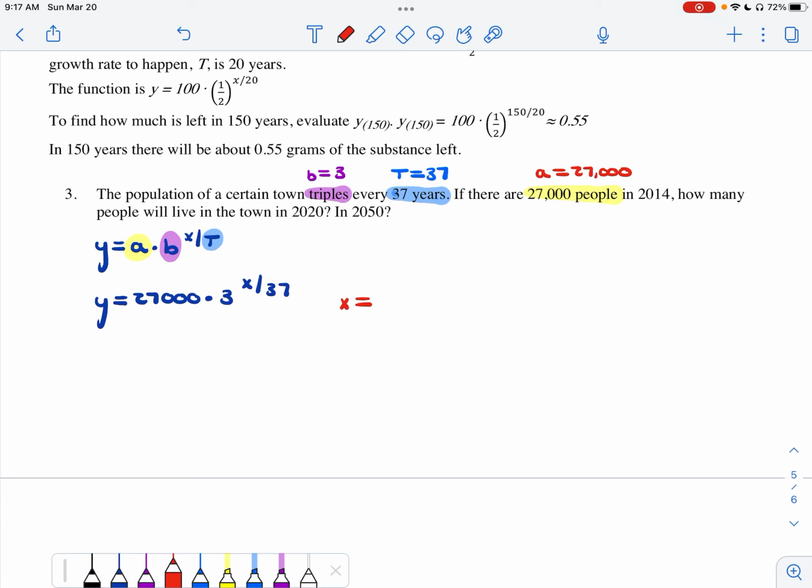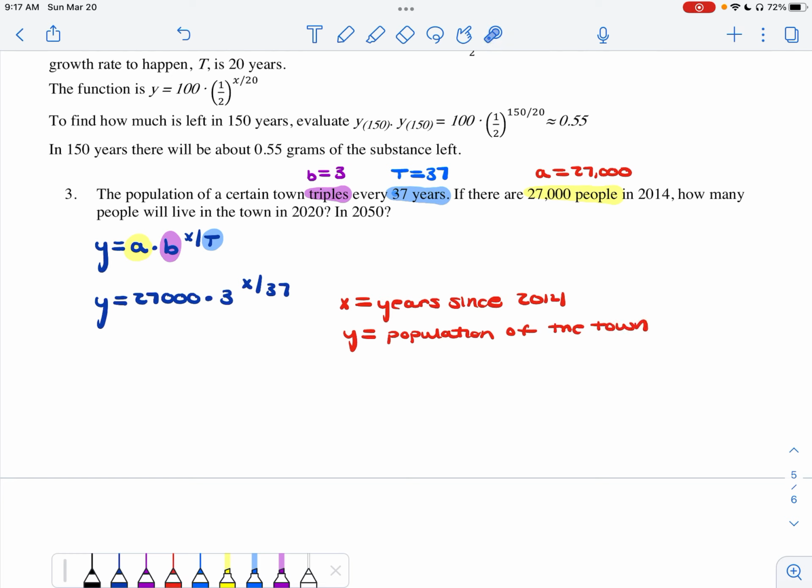In this case, x is going to be the years since 2014, because that's the year that our starting value corresponded to, and y is going to be the population of the town.